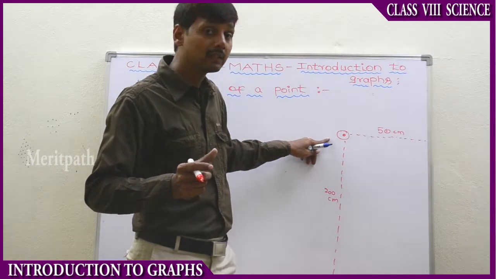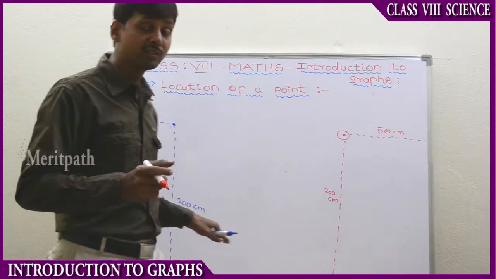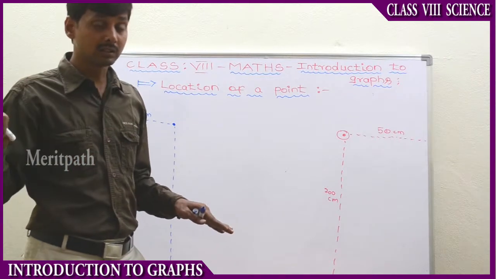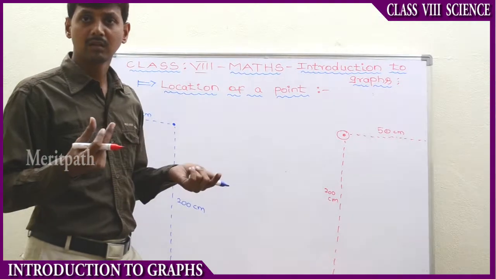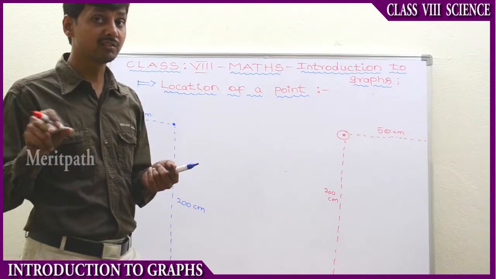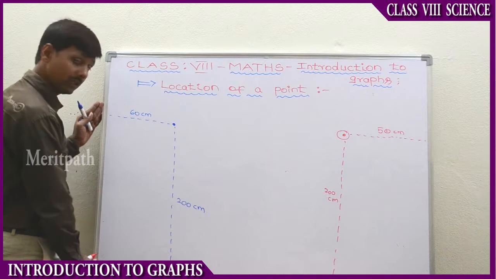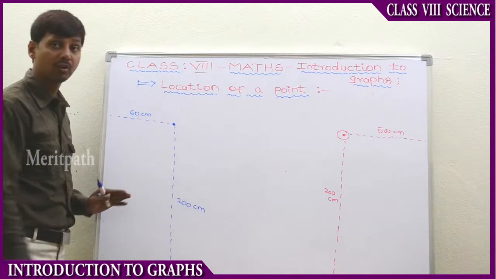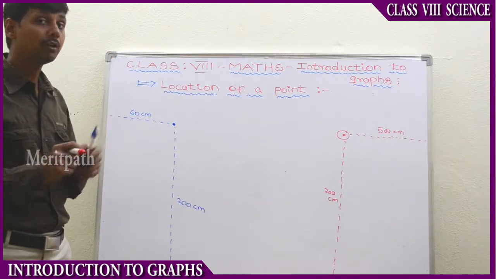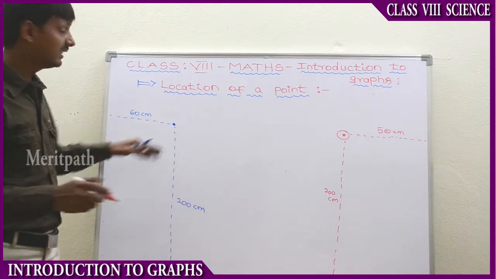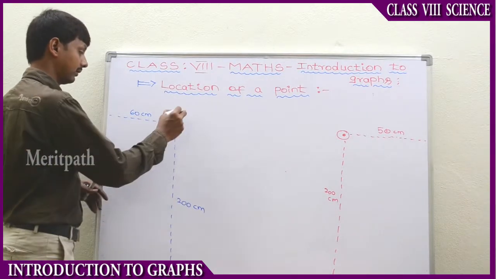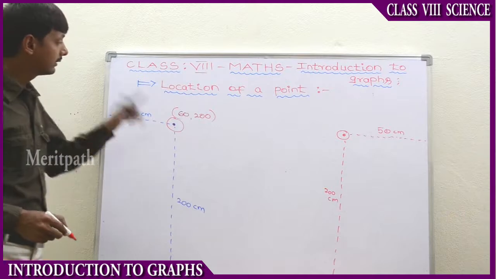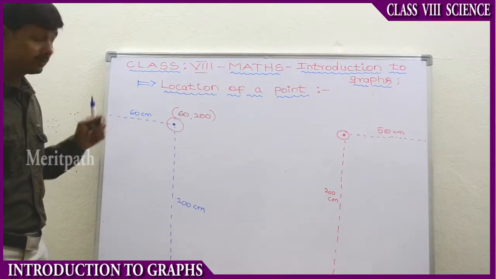And from the bottom, nothing but the horizontal line, what is the distance? So the left side is the vertical one, and the bottom one is the horizontal. By taking the vertical and horizontal as a base, we measure this point, that is 60 and 200.